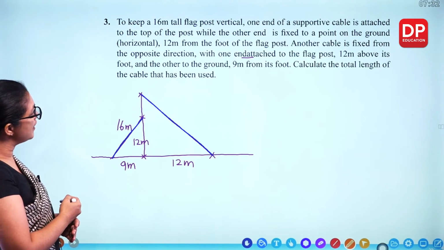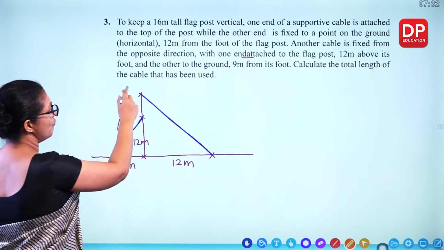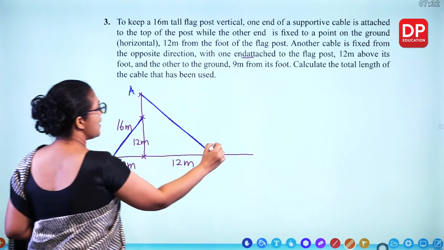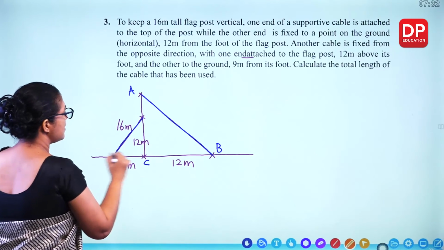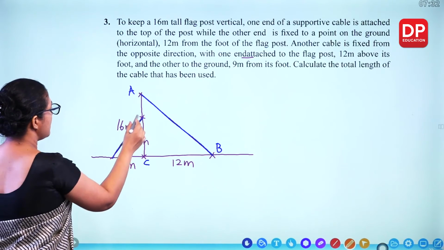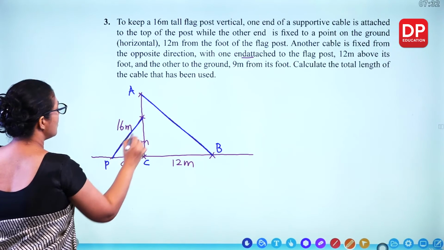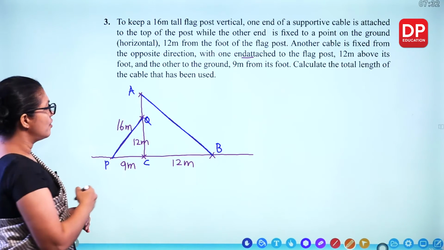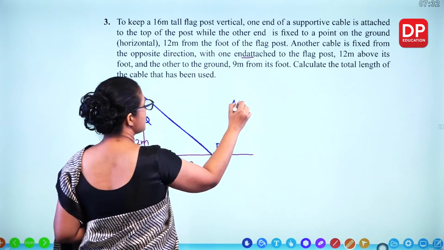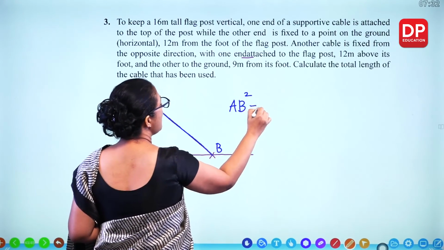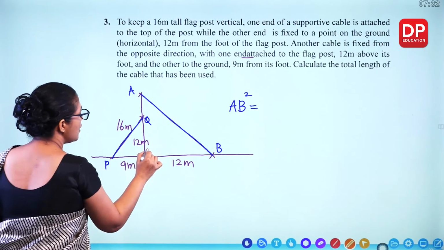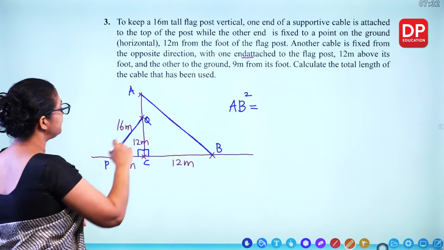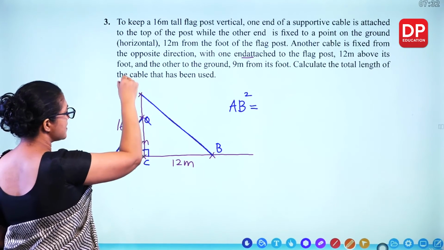So first we'll find out the length of this cable. I'll put letters A, B, C or something. And then this one PQ. So I need AB length and PQ. We'll use Pythagoras to find out AB squared. Now we know this is 90 degrees, so we can use Pythagoras theorem. The whole thing is 16.